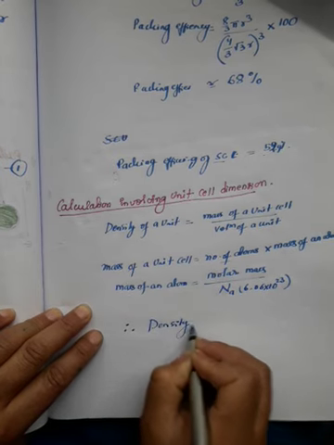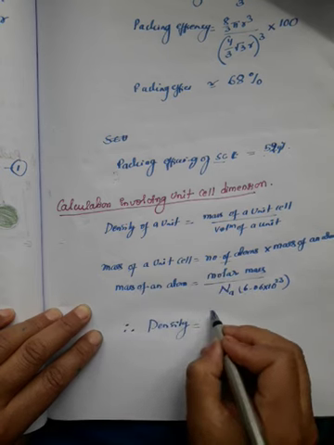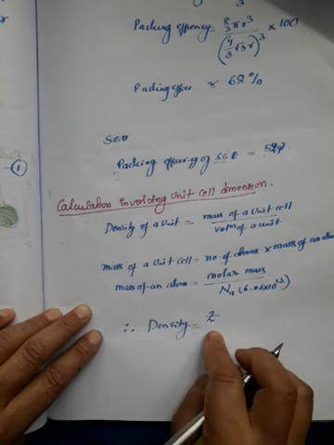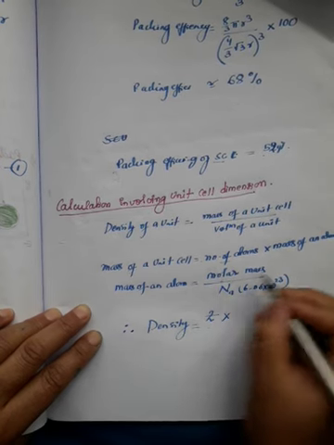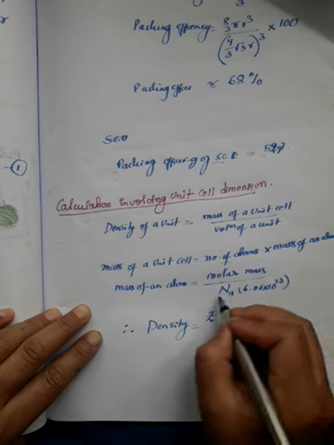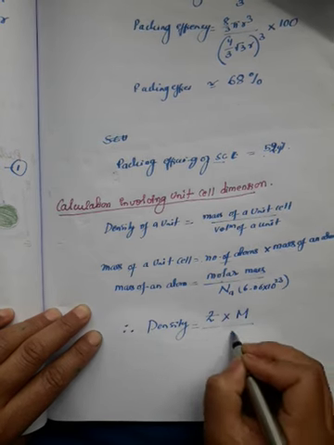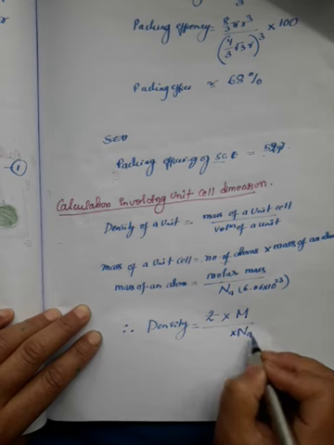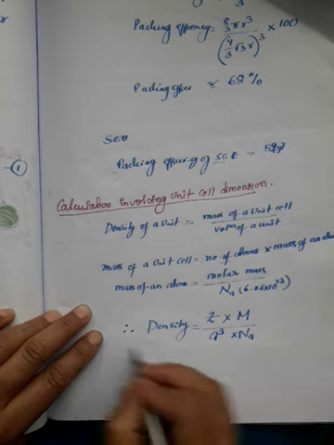Density: the mass of the unit cell is the number of atoms, let that be denoted by Z, into the mass of an atom. We have just found that, with molar mass denoted by capital M divided by Avogadro number, and the volume of a unit cell, which we have been working with, is a cube.